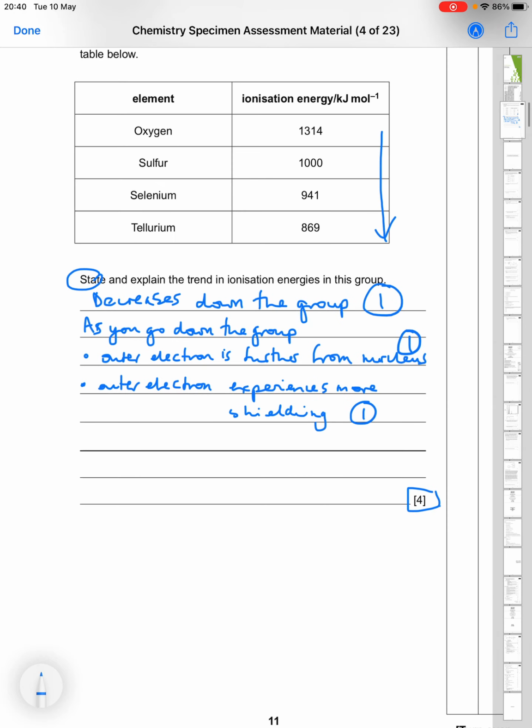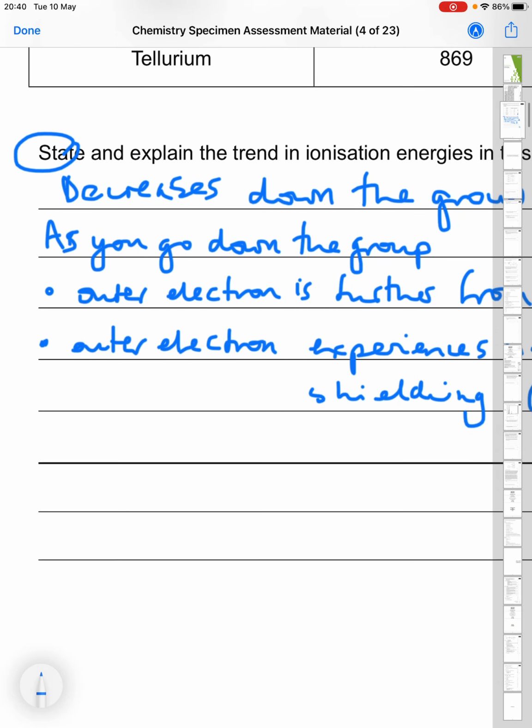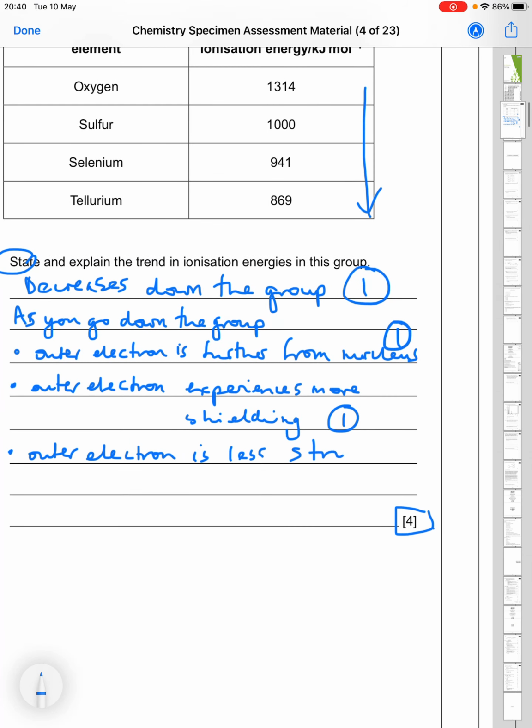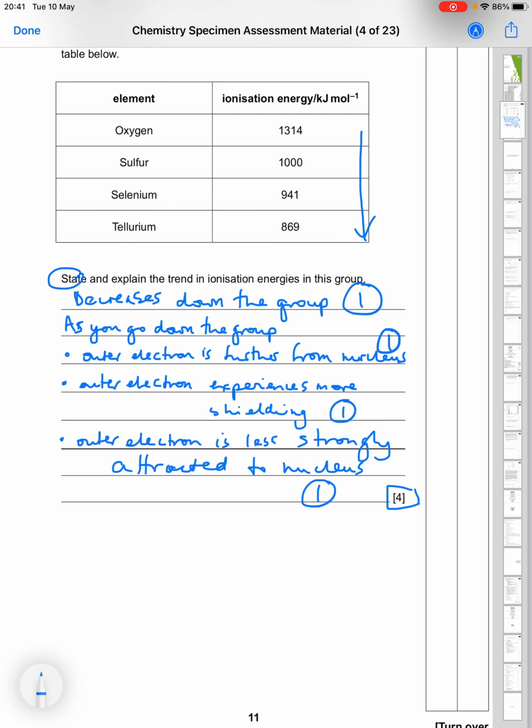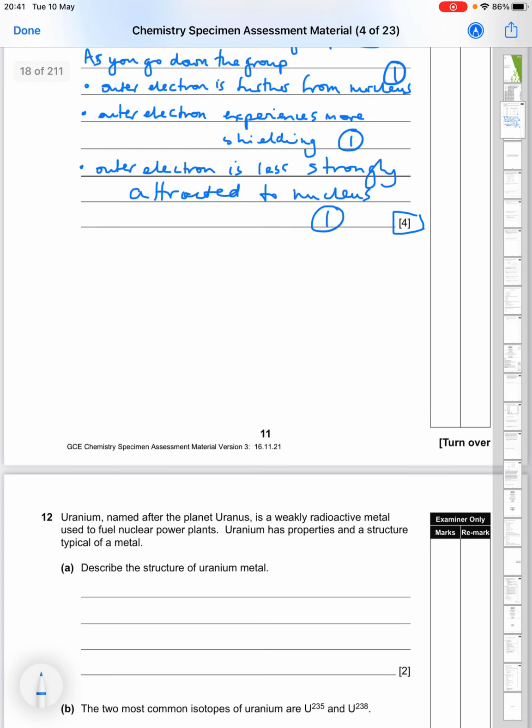Obviously there are more electron shells in between it and the nucleus, and that means that the outer electron is less strongly attracted to the nucleus, and that's just as you go down the group. So 4 things: it decreases down the group, that's stating, and then 3 points to explain. So the outer electron's further from the nucleus, it experiences more shielding, and it's less strongly attracted to the nucleus.